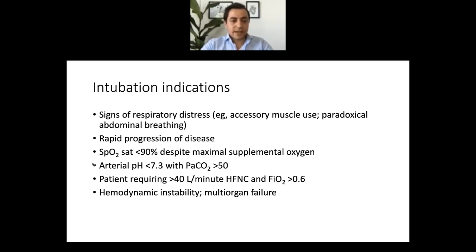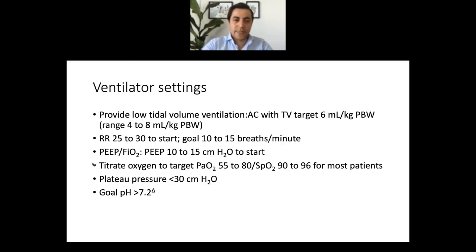An arterial pH below 7.3 is also considered an indication. And the other two we already discussed earlier. So patients who are hemodynamically unstable and have multi-organ failure should be intubated.